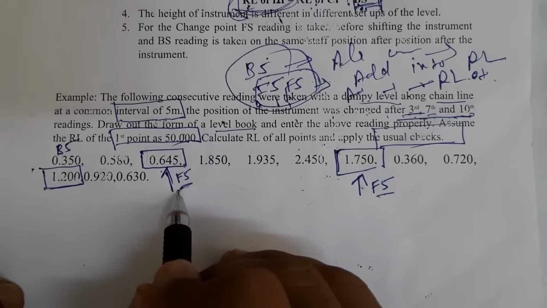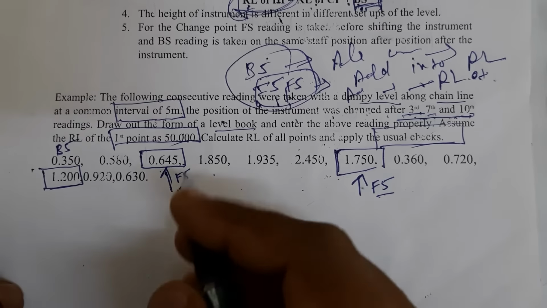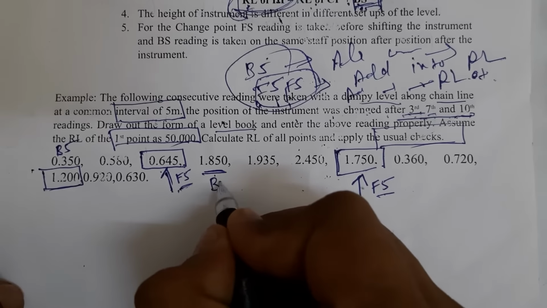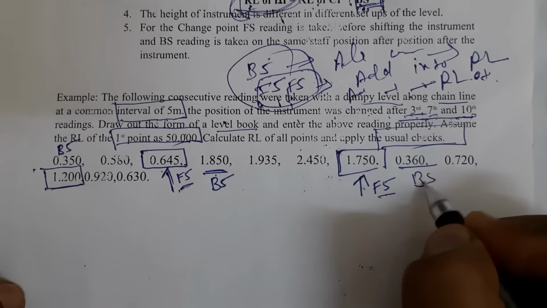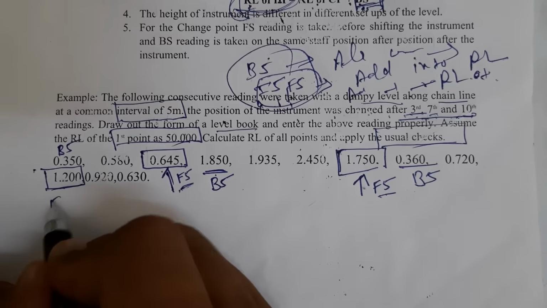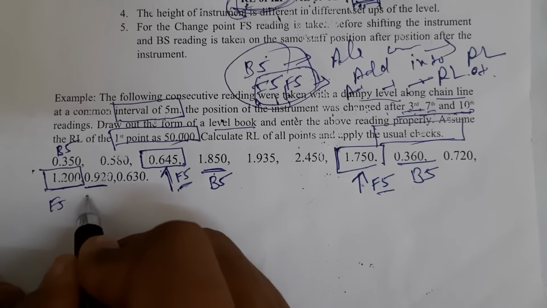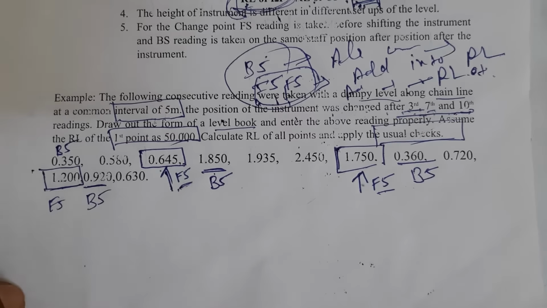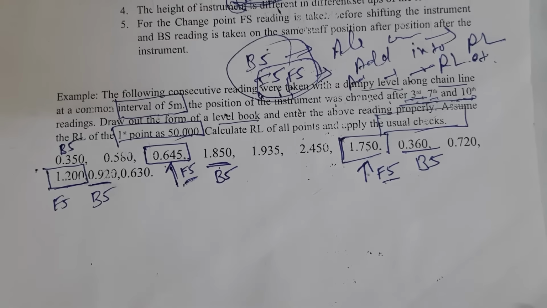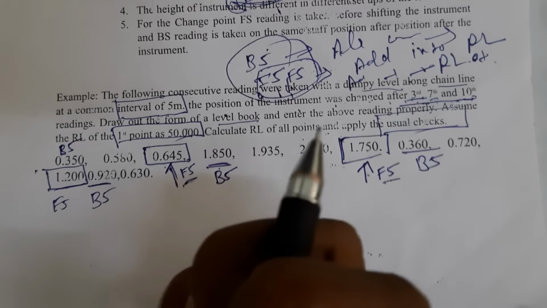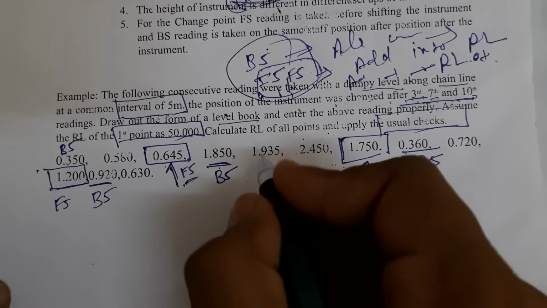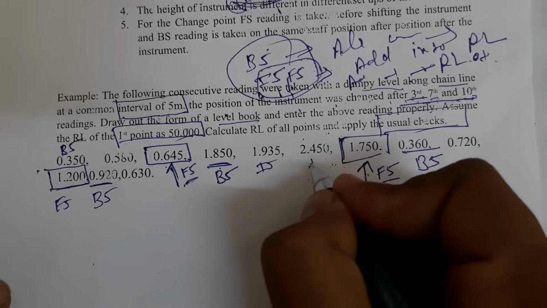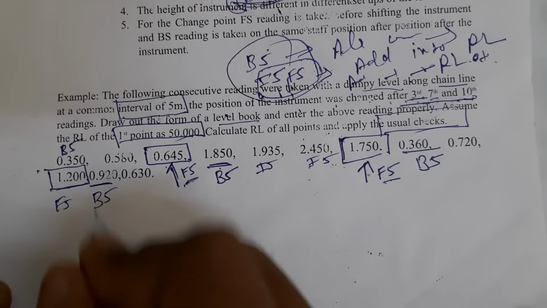So after the 3rd we measure the 4th reading, which is your backsight. After the 7th, the 8th, and after the 10th, the 11th is your backsight reading. Understood? And other than foresight and backsight, all the other readings are called intermediate points or IS, intermediate sight.